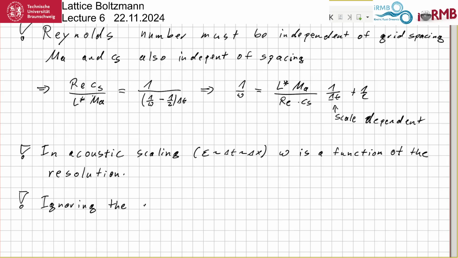Ignoring the dependency of omega on delta t in acoustic scaling is a persistent error in the literature.